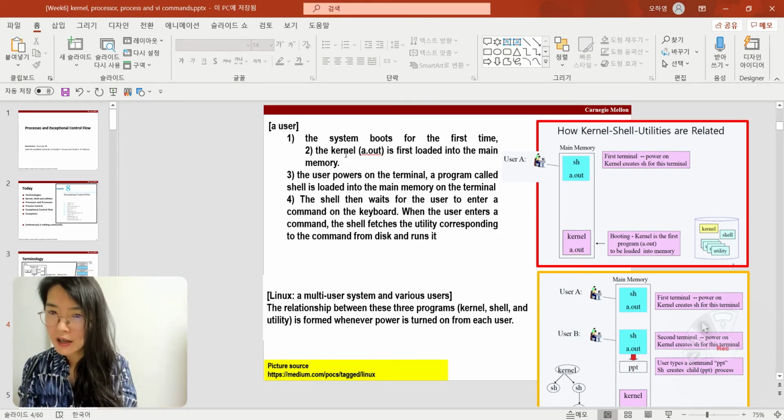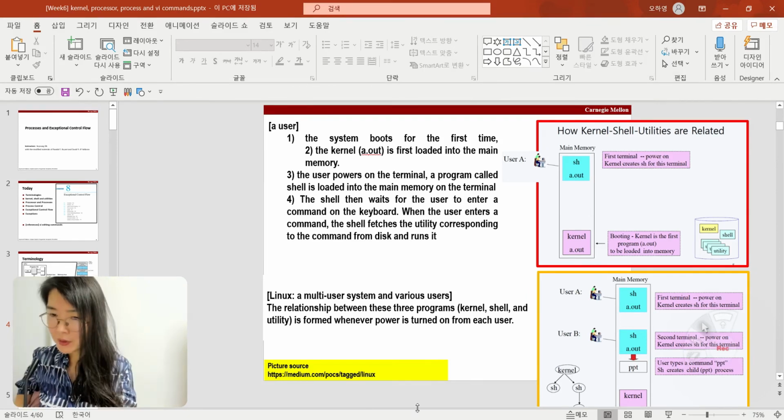And then if the user powers on the terminal, such as PuTTY or other related programs, the program called the shell is loaded in the memory on the terminal too. The shell then waits for the user to enter a command on the keyboard.